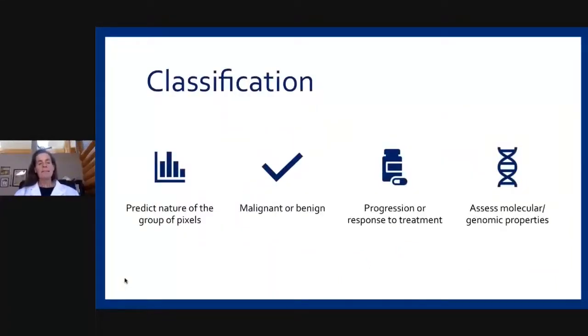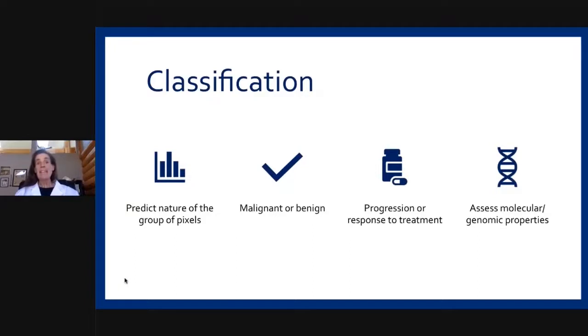So the idea is that it looks at a group of pixels. So it actually looks at all these little pixels, and it can help determine, is the lesion more likely to be cancerous or not? The other exciting part is that it can look at how the cancer is responding to different treatments. Is it actually responding to this type of chemotherapy, or maybe we need to switch the patient to a different type of medicine, a different regimen that will allow better response to treatment?